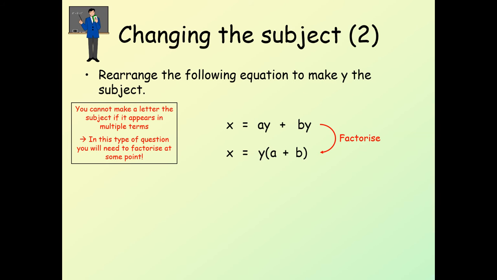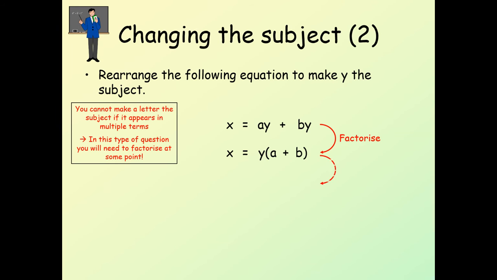Now I need to make y the subject. Now remember, anytime you have brackets, the brackets basically means multiplying. So on the right hand side, we have x is equal to y bracket a plus b. Y bracket a plus b means y times all of a plus b. So to get rid of multiplying by a plus b, I can divide using the inverse operation. Remember, the inverse of multiplying is dividing. So if I divide by a plus b on both sides, okay, that would allow me to make y the subject.